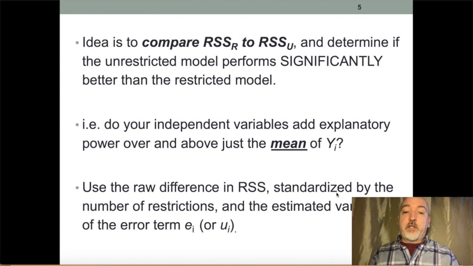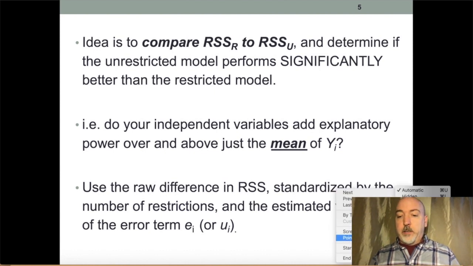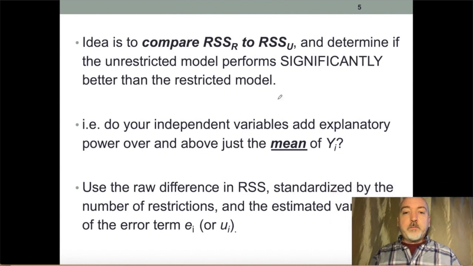So the calculation, it all starts in that same place. It all revolves around this comparison, but again, to turn that into a test statistic, we're going to standardize that by the number of restrictions.